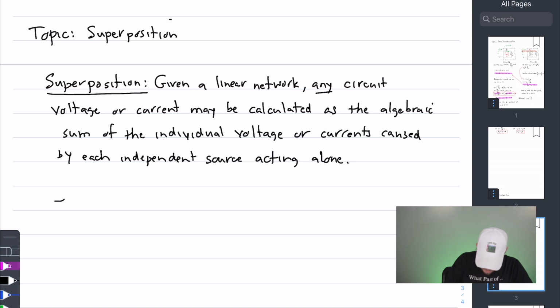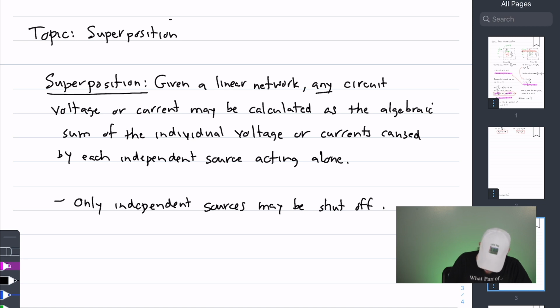So only independent sources may be shut off. Dependent sources cannot be shut off.